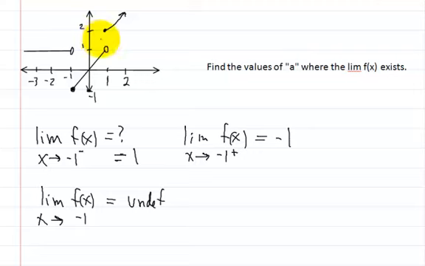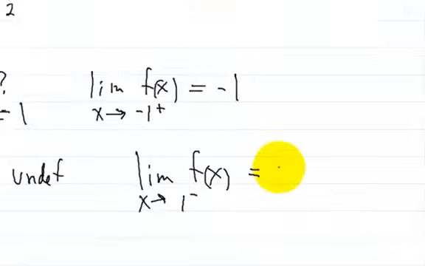Now, what about this spot? It's going to be undefined here as well because it's coming in from the left to 1 and from the right to 2. So the limit of f of x as x approaches 1 from the left would be equal to 1.